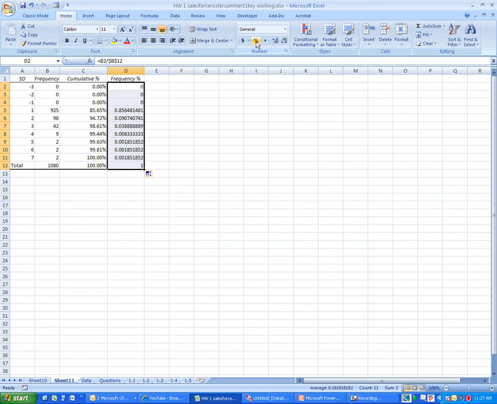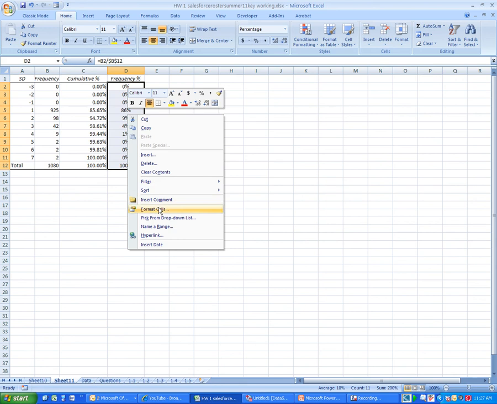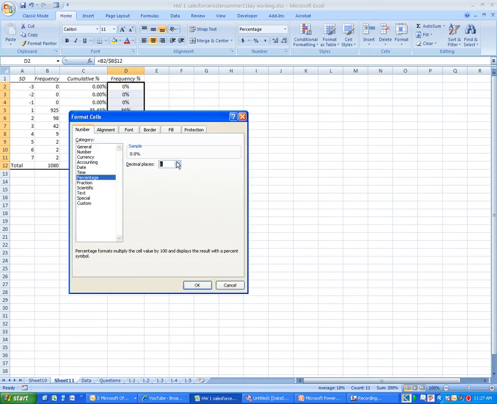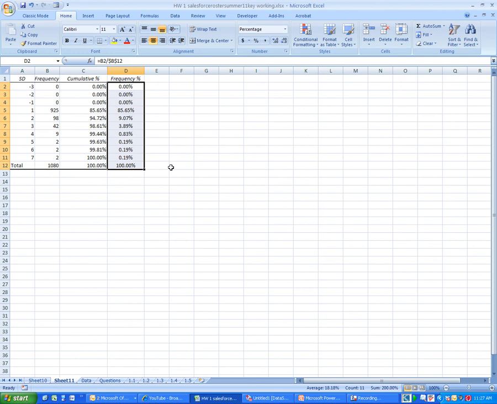Now obviously it would be nice to clean this up. We'll change these to percents by clicking the percent key. And let's add some decimal points to that by formatting this percentage and adding 2 decimal places. So there are our percentage of cases in standard deviations. Now, to answer the question, how many are plus or minus 1, 2, or 3 standard deviations? We'll just make this nice and clean.